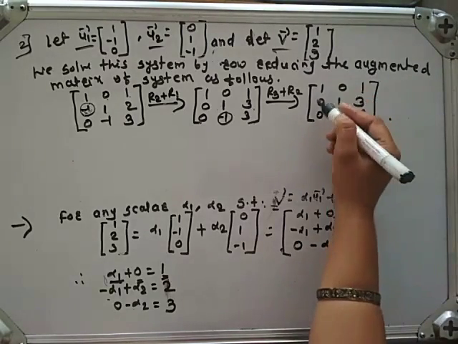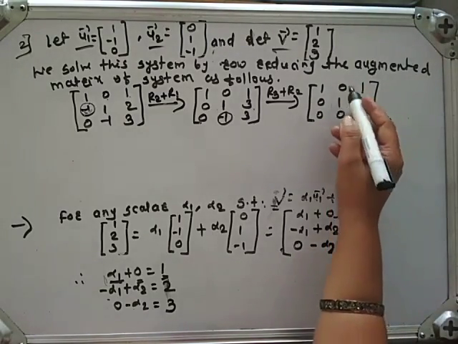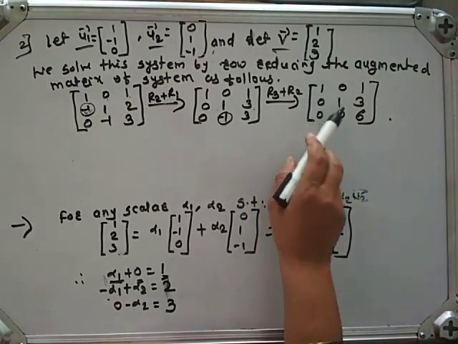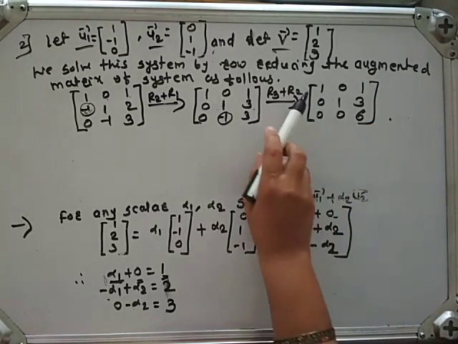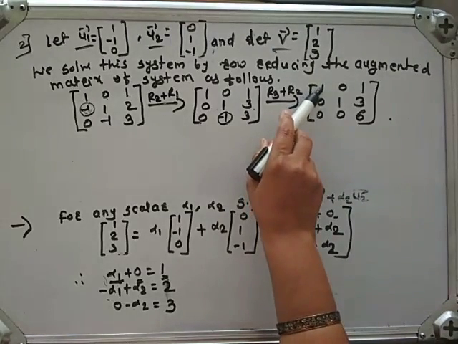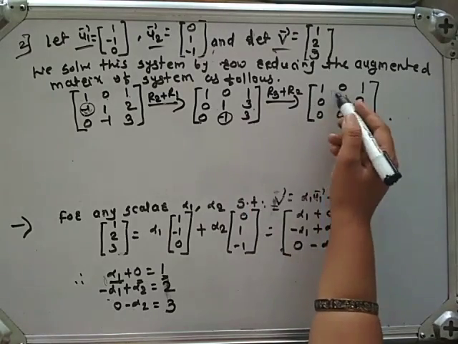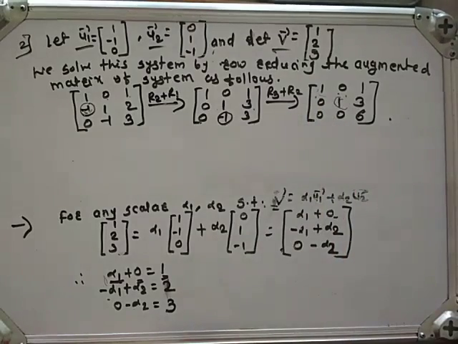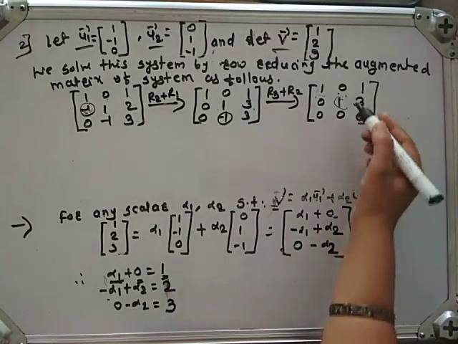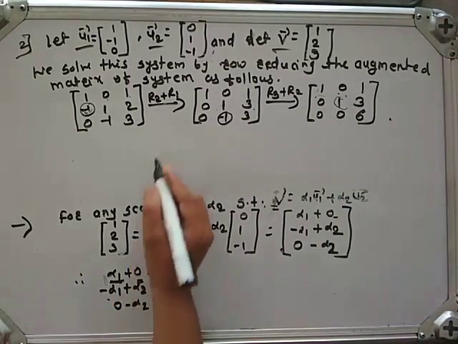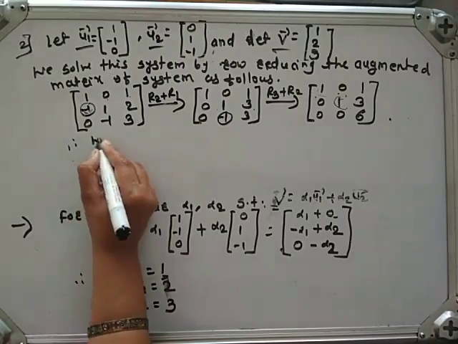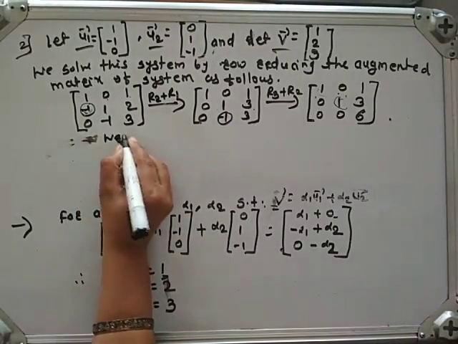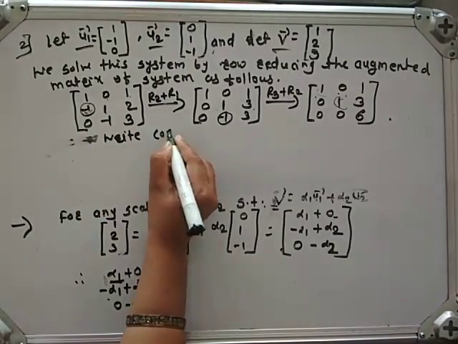This is the row reduced form, because first of all this is a row echelon form, and second, in both the columns, this leading one and this leading one are the only non-zero elements in their columns. Therefore we write the corresponding system.